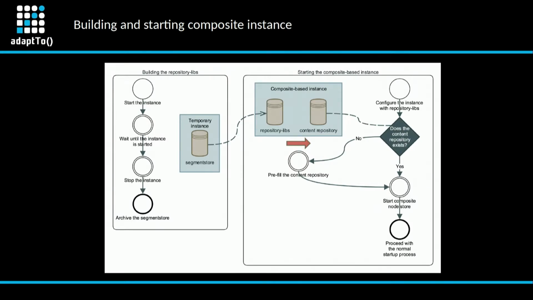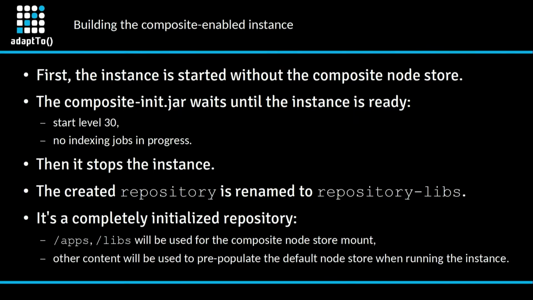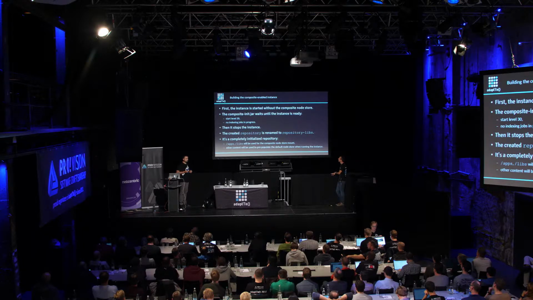So let's take a closer look at what happens in here. The instance, as I said, is started without the Composite Node Store. There is a special script that waits until this instance is really started. And if you have ever tried to do this, I mean, wait until the instance is ready, you know that it's not an easy task, because there are a number of criteria that we can take.